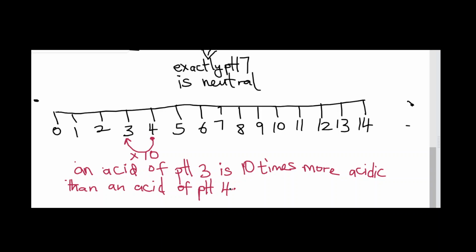Okay, now you could be given an acid of pH 6, and asked to compare it with an acid of pH 4, and that will be 100 times, okay, because every step is 10 times. Okay? 10 times more, 10 times more.